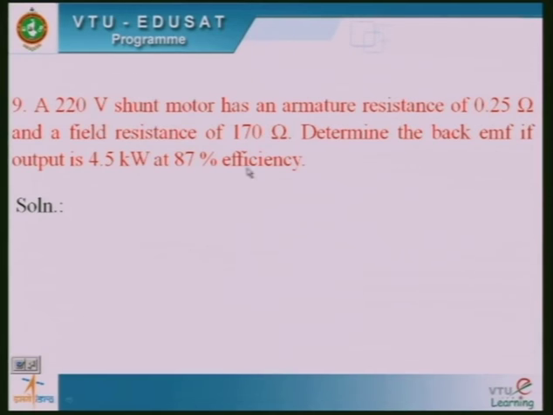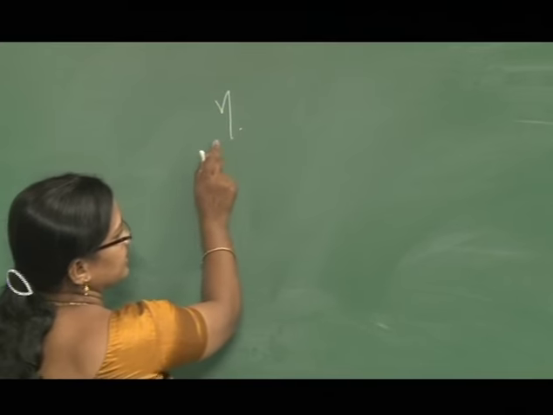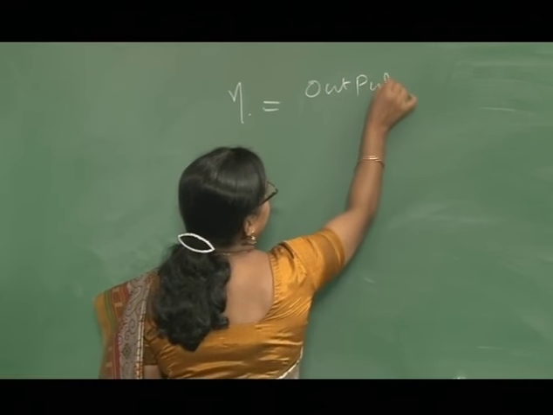This efficiency is a new word for you, because I did not use it anywhere before, but whenever we are going to analyze any machine, we have to calculate the efficiency of the machine. Efficiency, for which we use the symbol eta, is equal to output divided by input.